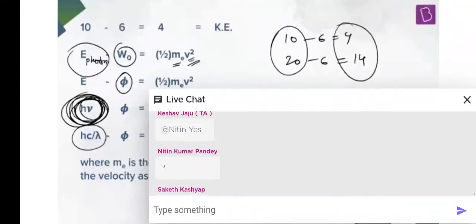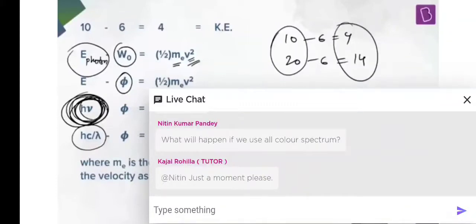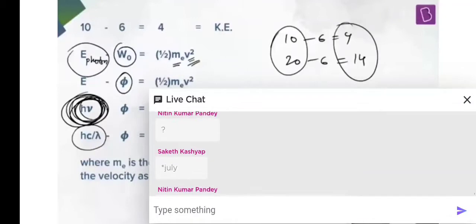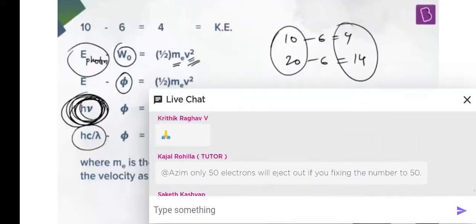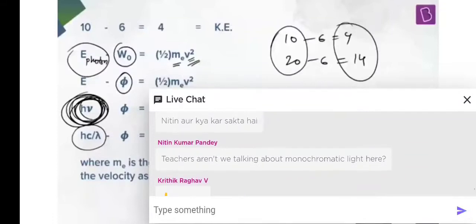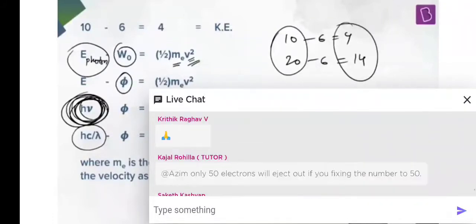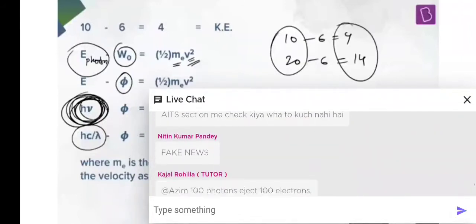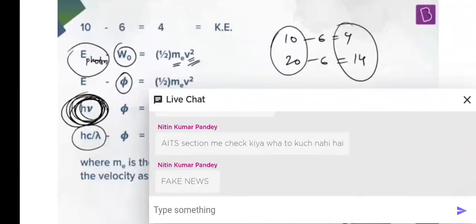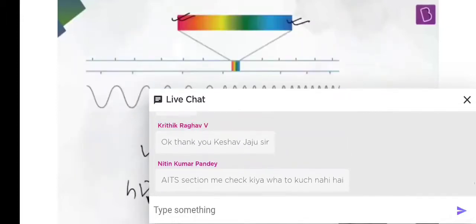No, obviously not. So we cannot directly say that the energy of a photon is directly proportional to the kinetic energy, because doubling the energy of a photon or doubling the frequency does not double the kinetic energy. If this increases, that increases, but they are not directly proportional. This could be the statement of an objective question.